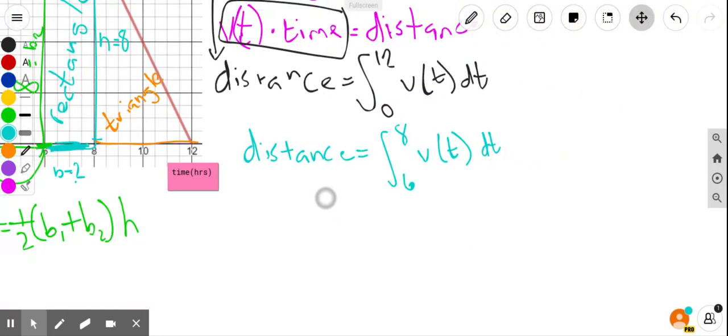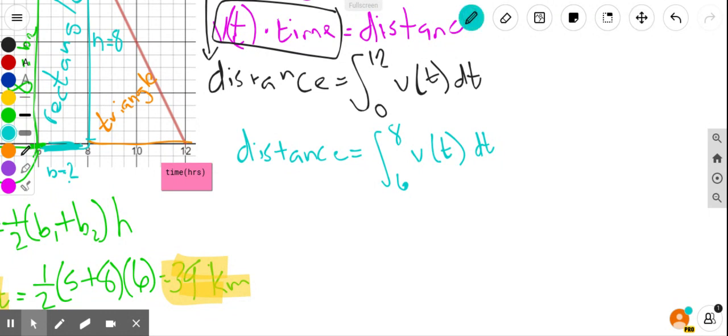Right, so that distance should be the same as 8 times 2, which should be 16 kilometers. All right. So I know that from 0 to 6 was 39. From 6 to 8 is 16 kilometers.